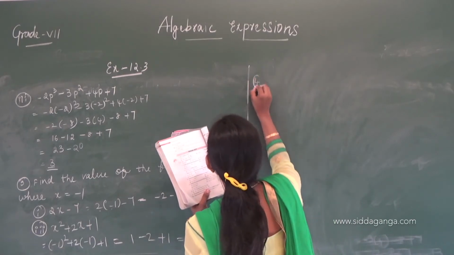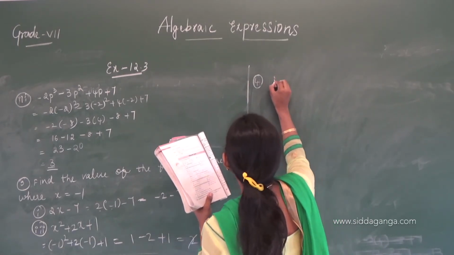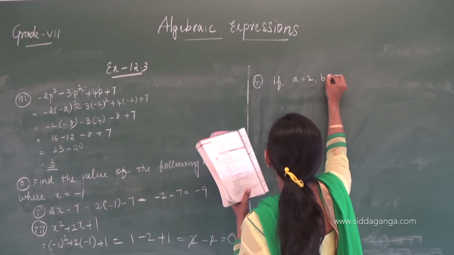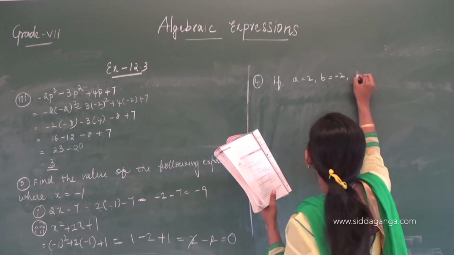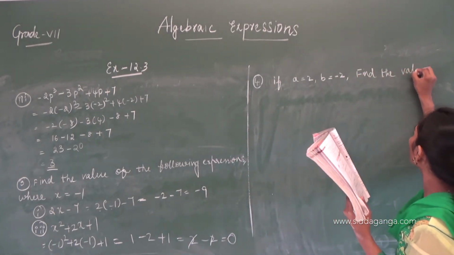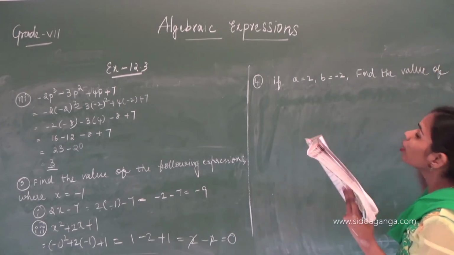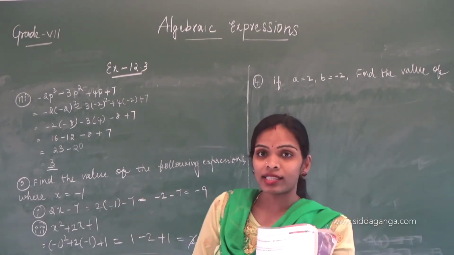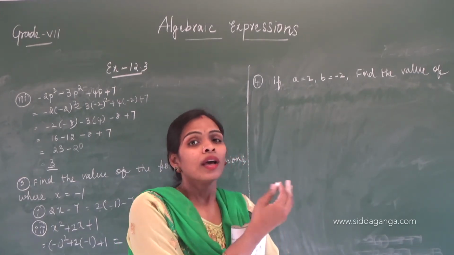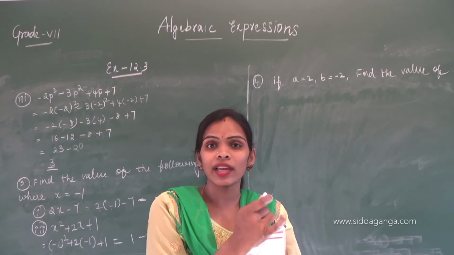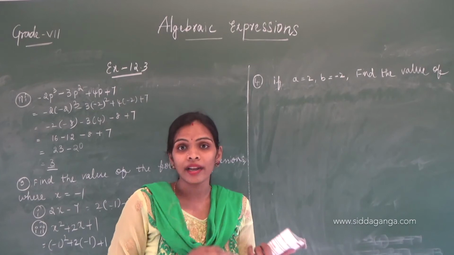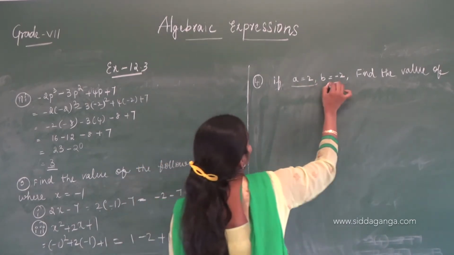Fourth one: if a equals 2, b equals minus 2, find the value of the expressions. Here they are giving the values of a and b in the question itself.